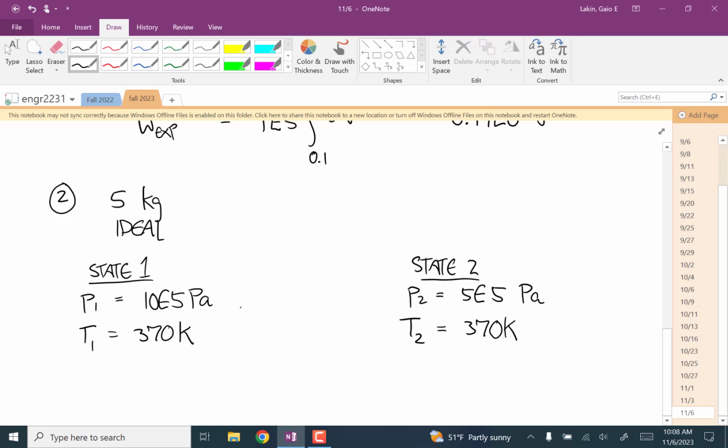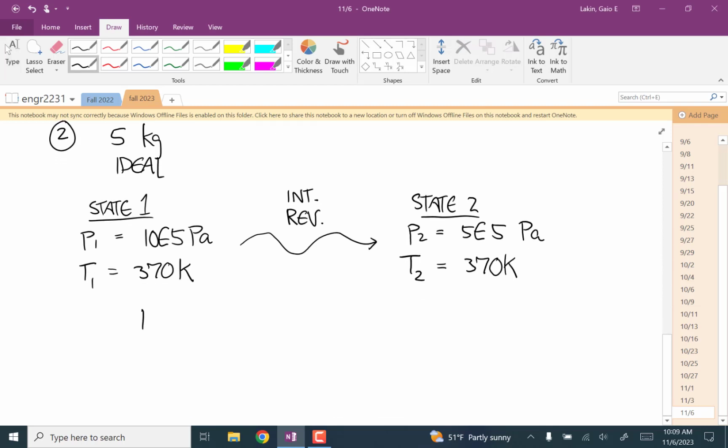And it's internally reversible. And this gas has an R value of 300, in SI units.